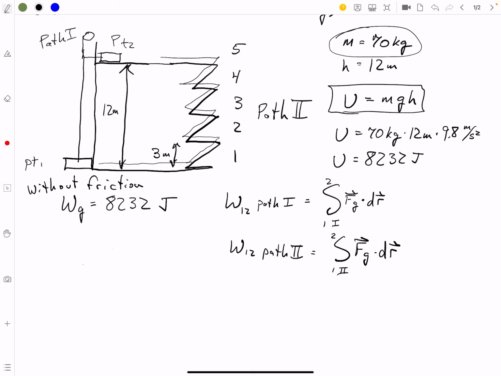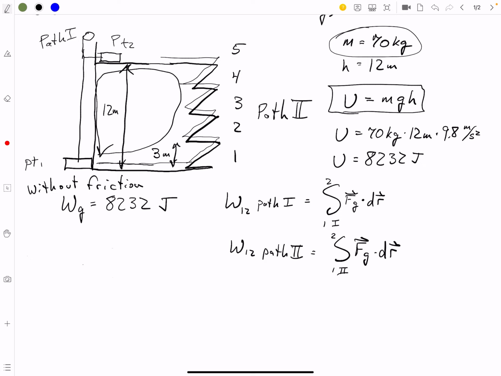All right, so here's what we're doing. We're going to start out at point 1. We're going to go in a circle, this direction. We're going to start at one point and end at that same point. So essentially, we're going to have to do work to get up.